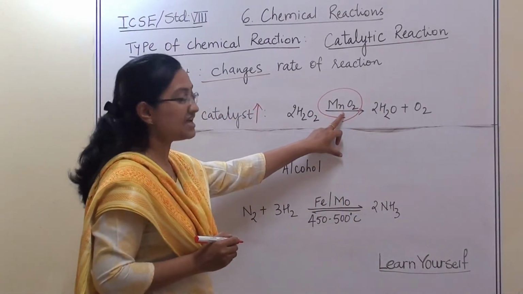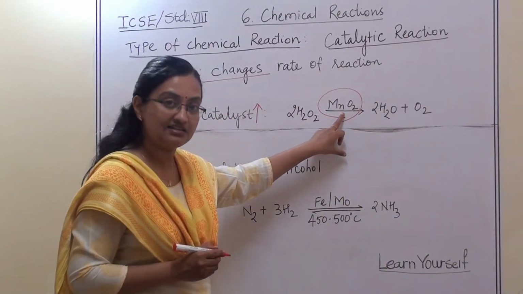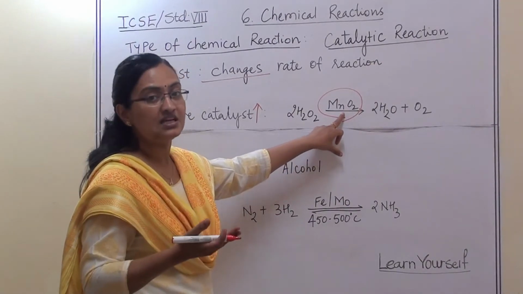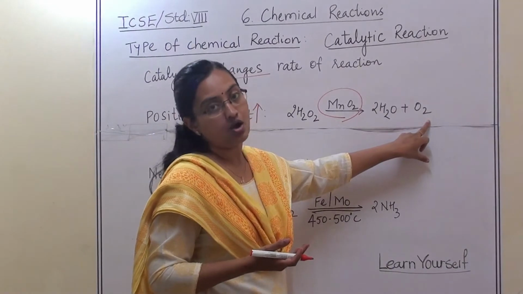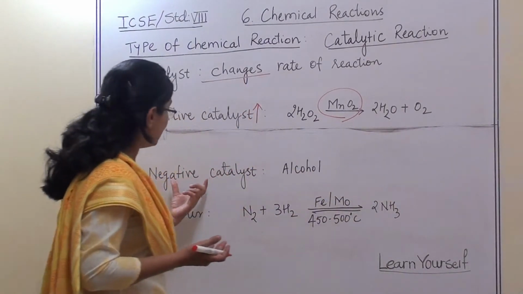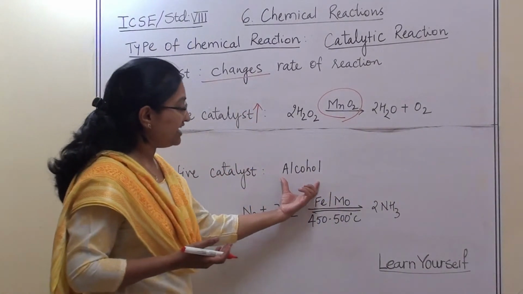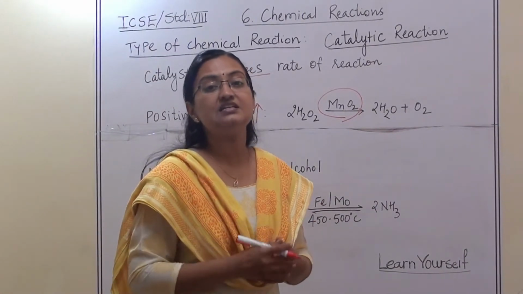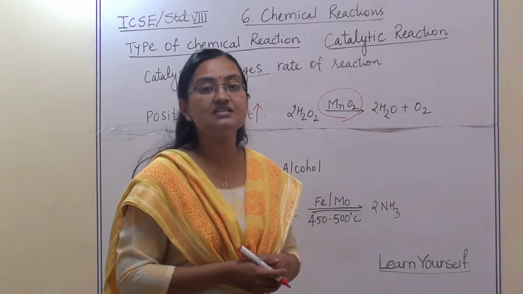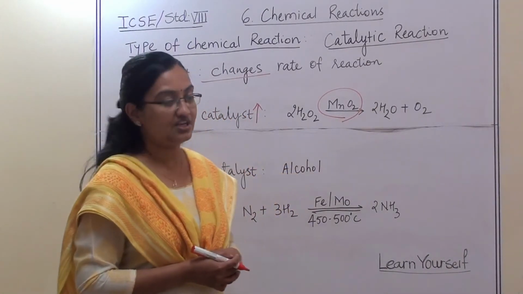So manganese dioxide is the catalyst and it will increase the speed of reaction and we will get water and oxygen. Negative catalyst: we use alcohol. It will suppress the rate of reaction, it will decrease the speed of reaction.